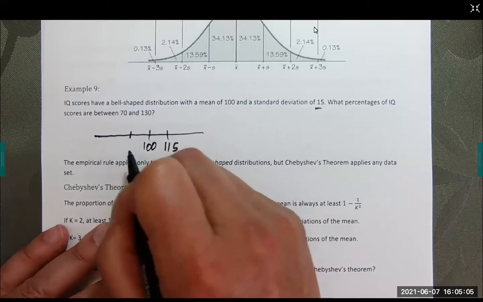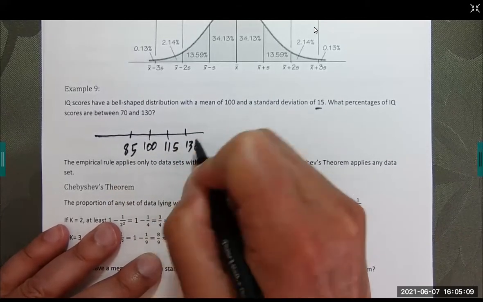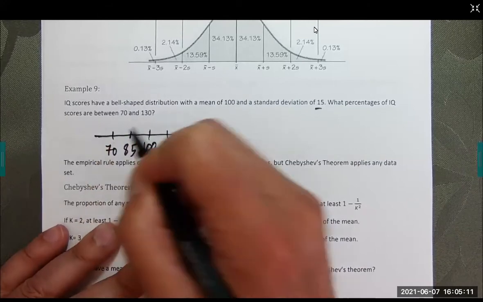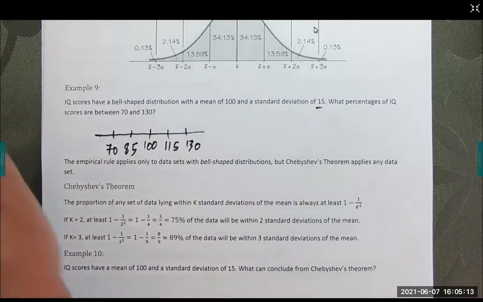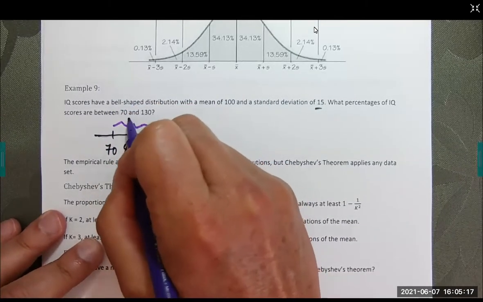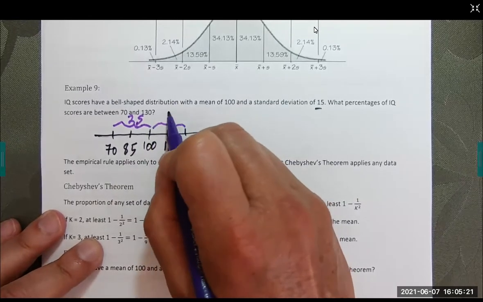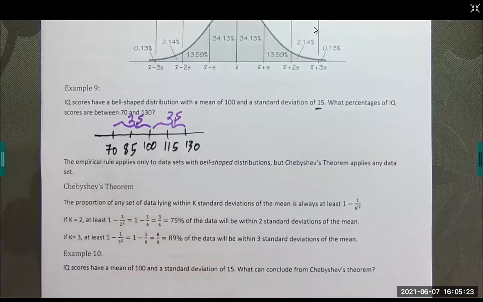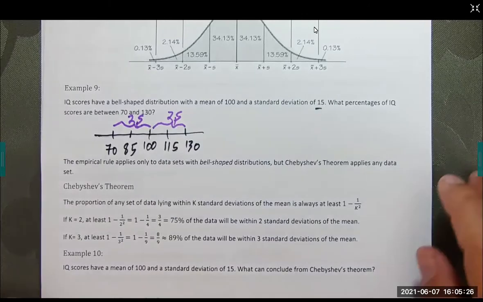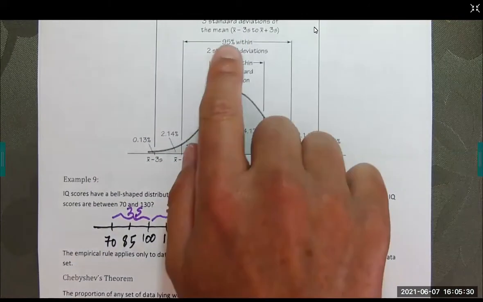And that is going to be 85. If I go 1 more out, 130 and 70. So this is telling us that we are going 2 standard deviations out. Two standard deviations out, if we use the empirical rule, we can see that that gives us 95%.